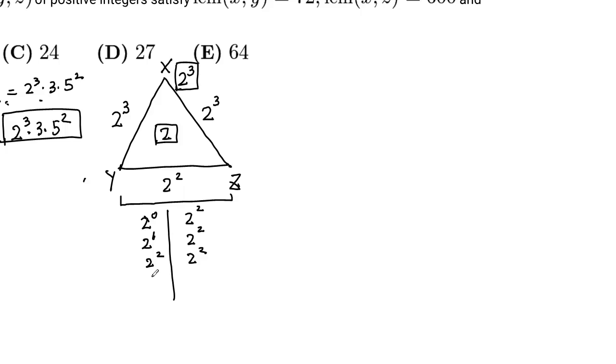If this is 2 cubed, this is 2 to the 1, and this is 2 squared, this is 2 to the z. Those are all possible ways. So between y and g, we have 1, 2, 3, 4, 5 different ways.